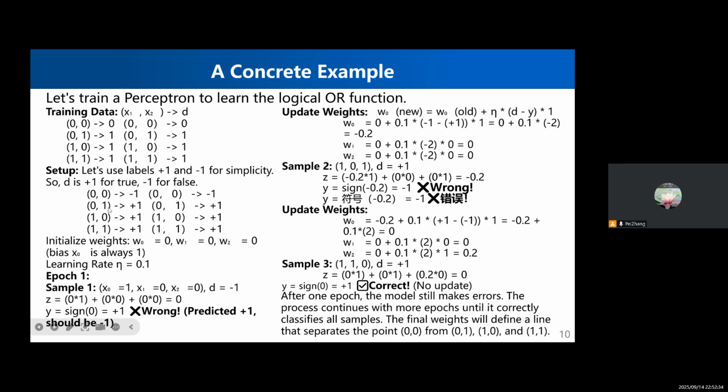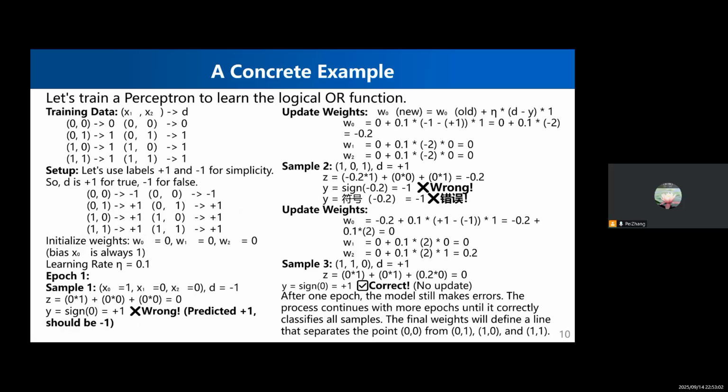When x1 is 0, x2 is 1, the function value should be +1, which is true. When x1 is equal to 1, x2 is equal to 0, the value should be +1. When x1 is 1, x2 is 1, the value should be +1.